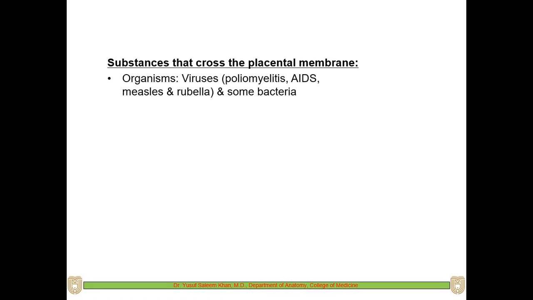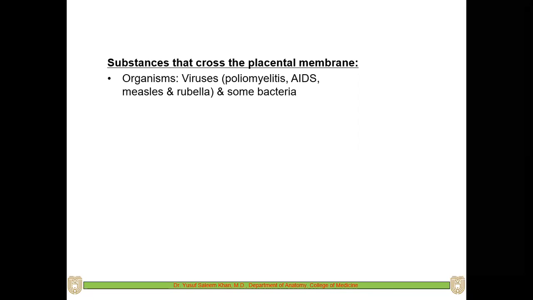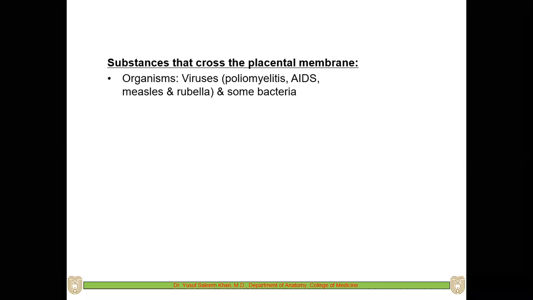One is the organisms, very minute organisms like the viruses, especially the poliomyelitis virus, which can cross the placental barrier and can lead to poliomyelitis in children. Then the AIDS virus can also pass through, as well as the measles virus and the rubella virus.